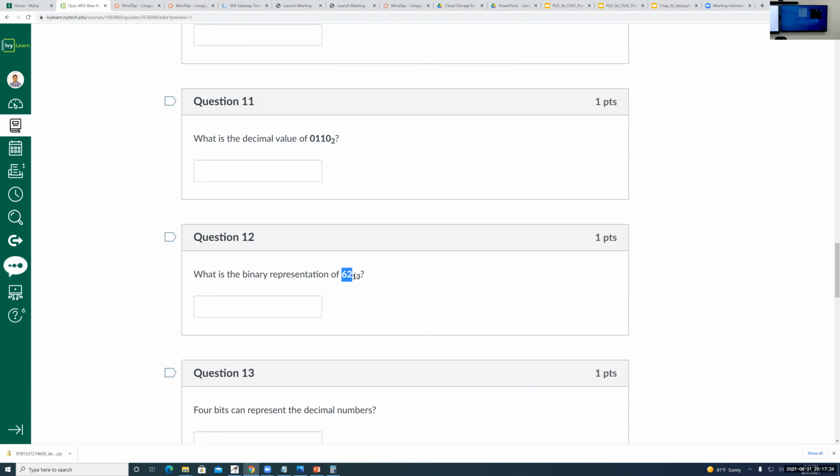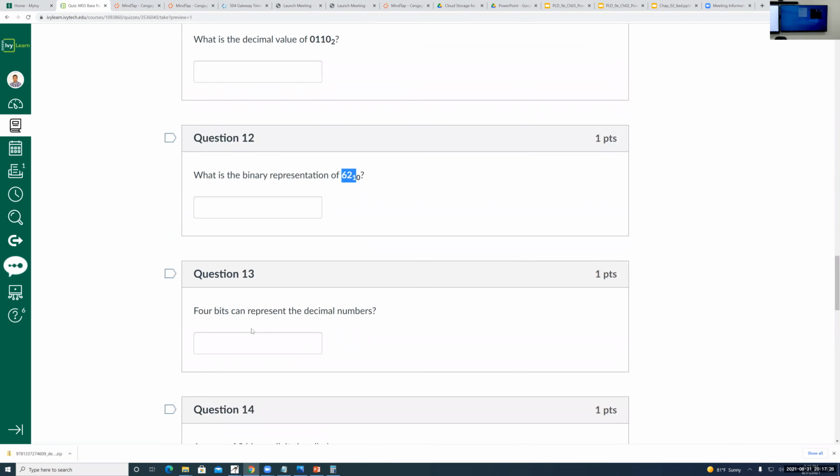One is a binary converted by a computer calculator. Can 4 bits represent the decimal numbers? What do you think? Yes or no?